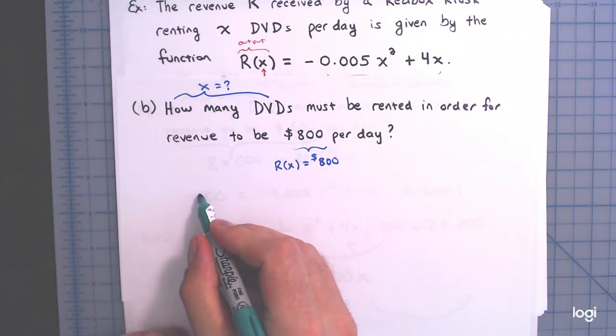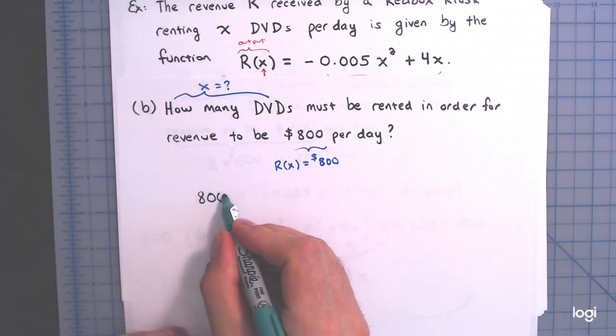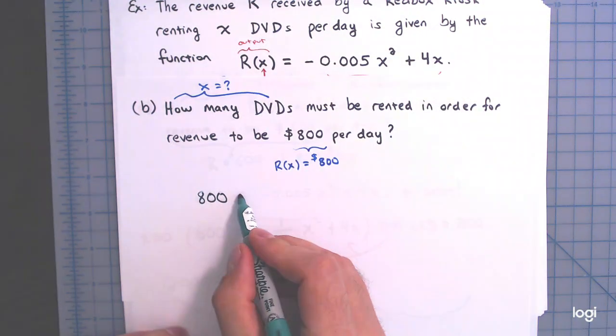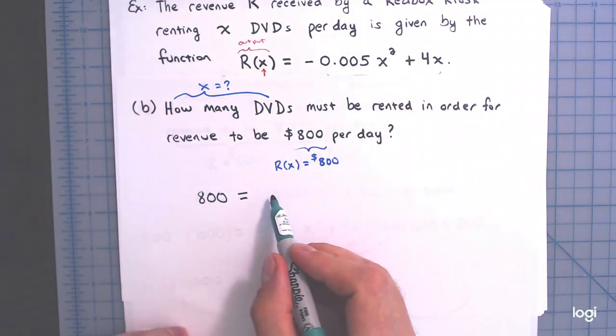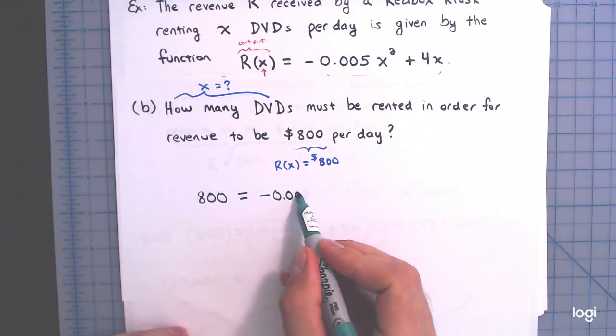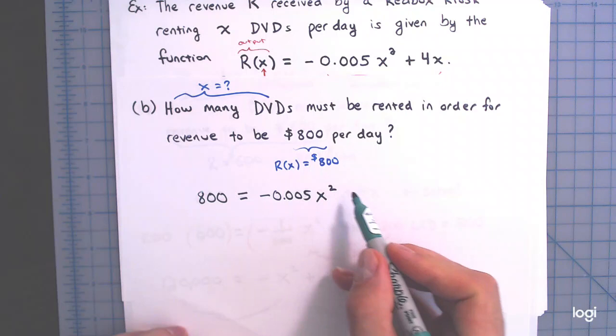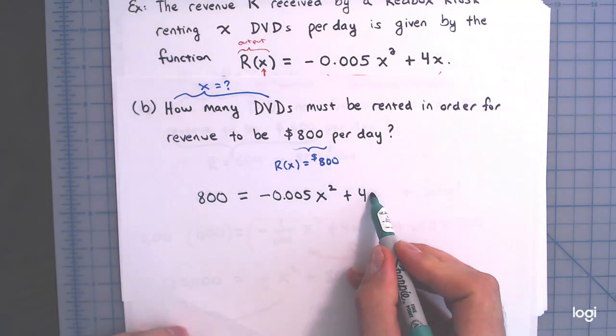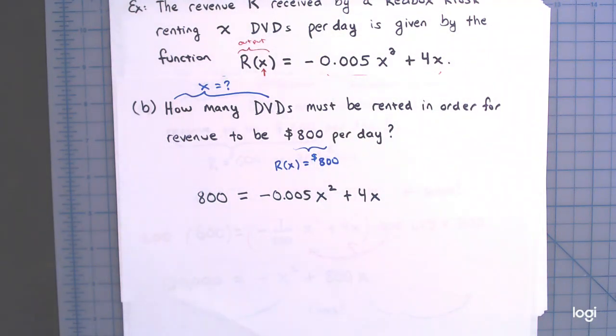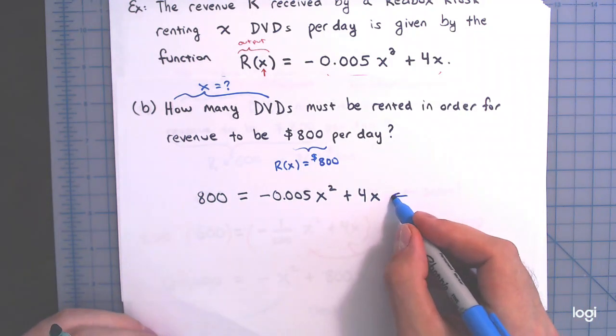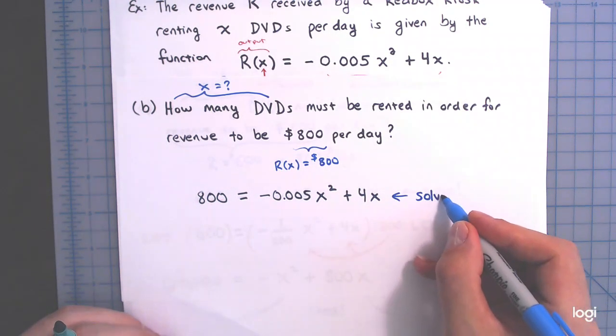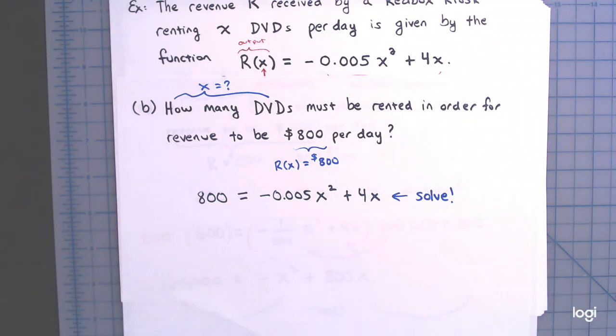So here's the equation. 800 for the R of X equals, and then the other side, right, negative 0.005 times X squared plus 4 times X. Right, and we're going to be solving this equation for X, and then of course checking our solutions and seeing if they actually make sense for a number of DVDs to be rented.